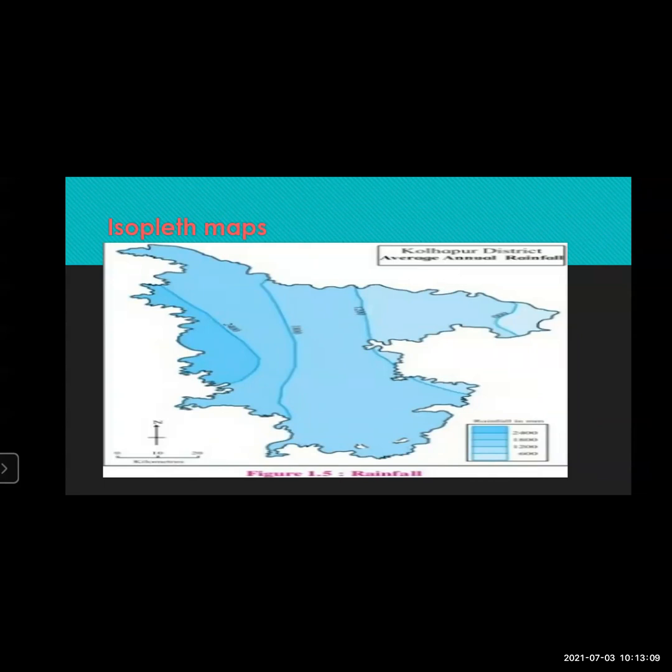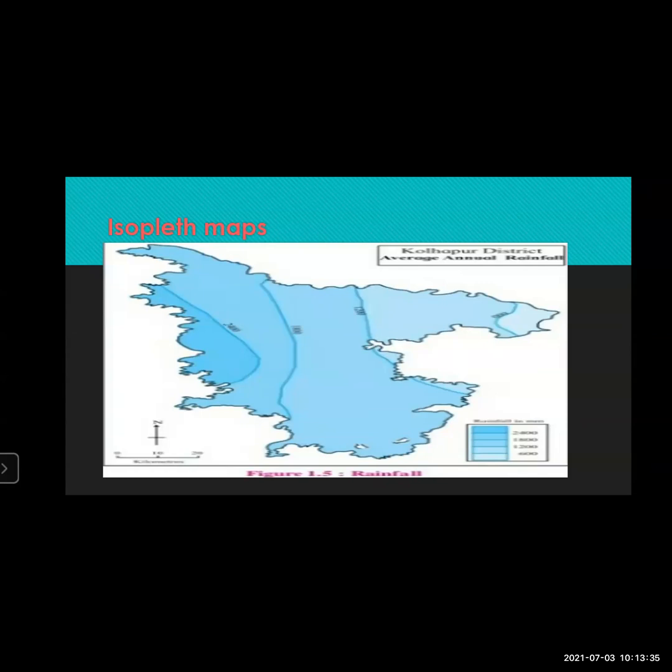In the same case you can see here the isolines are there, which are joining the different values. You can refer to your textbook also. The darker shade, the tint is used here, then lighter shade. So here the lines are actually given. That is why this map is called an isoplath map.